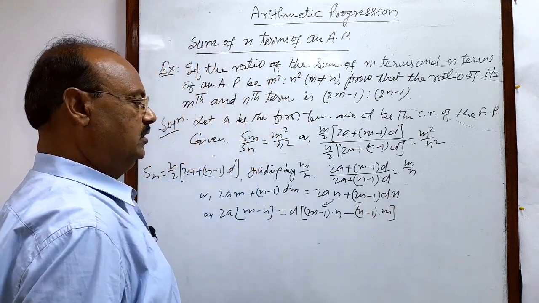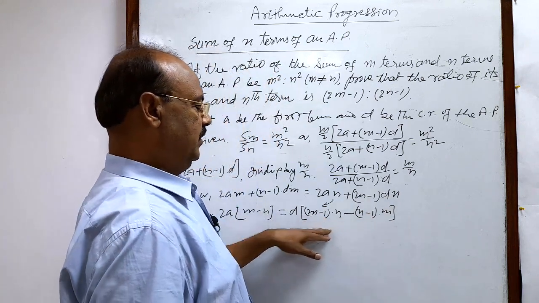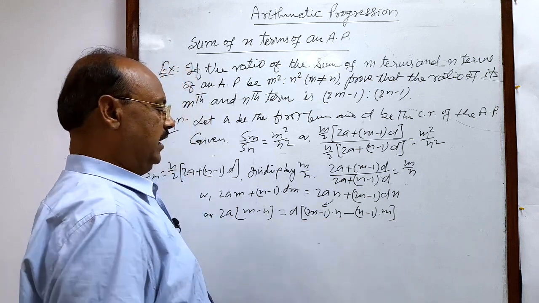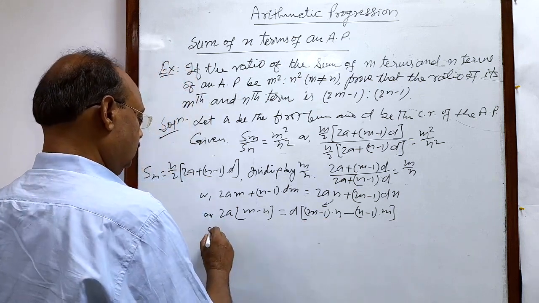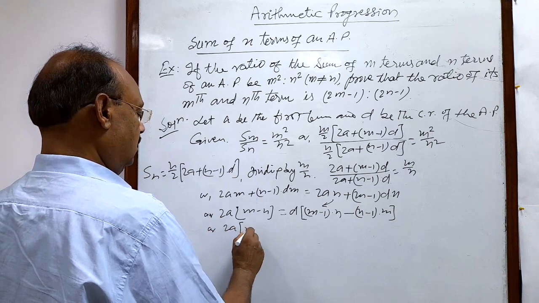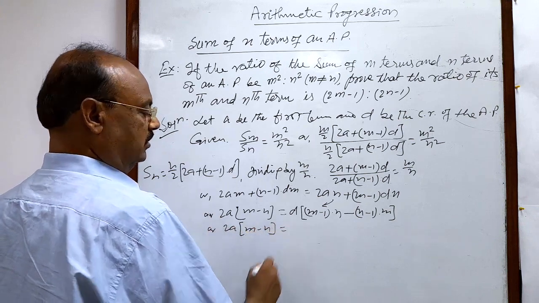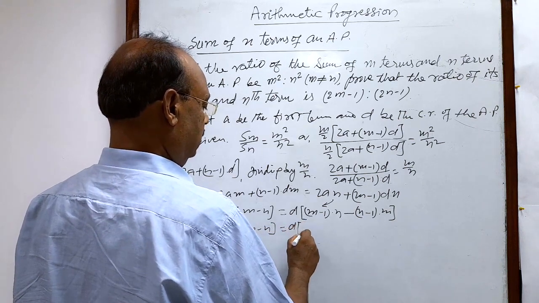Correct. Now let us simplify this expression inside the bracket. So this is 2a into (m minus n), and this is equal to d.